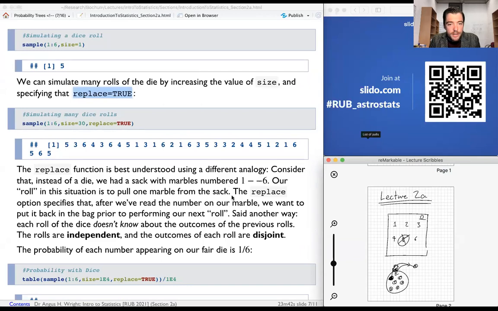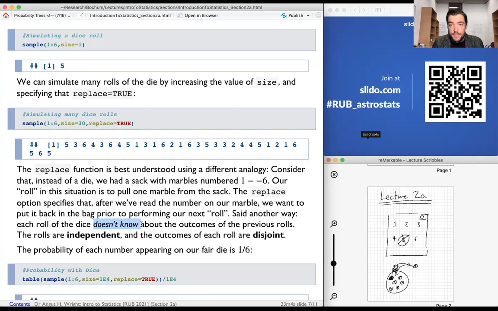I've got a note saying that we've got our bag full of marbles and we want to replace the marble into the bag before performing our next roll. The other way of describing what I've just said about putting the marble back into the bag is to say that the second roll of the dice, or the second draw from the bag, doesn't know about the outcome of the first roll of the dice or the first draw of the marble from the bag.